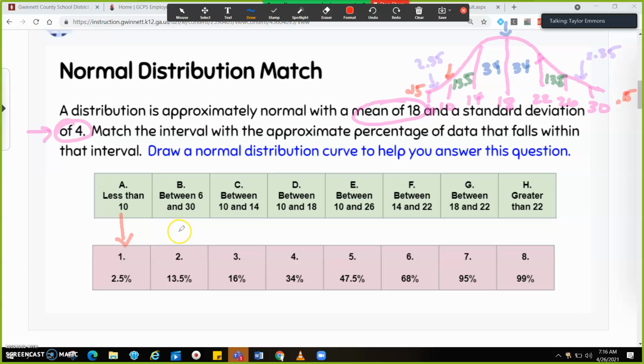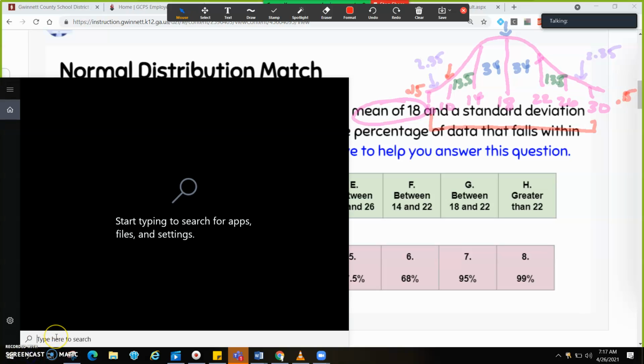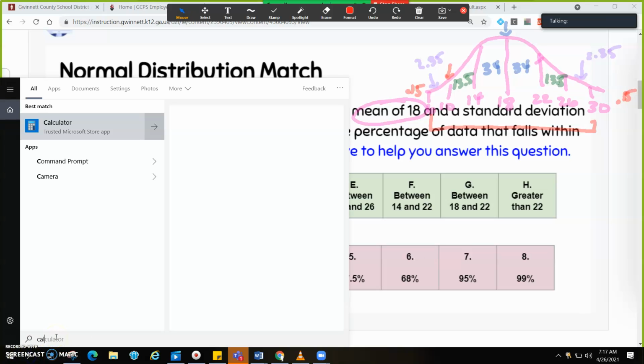Between 6 and 30, that means between here to here, we're going to add up 2.35 plus 13.5 plus 34 plus 34 plus 13.5 plus 2.35, which is going to give us 95%. I'm sorry, no, that should be 99.